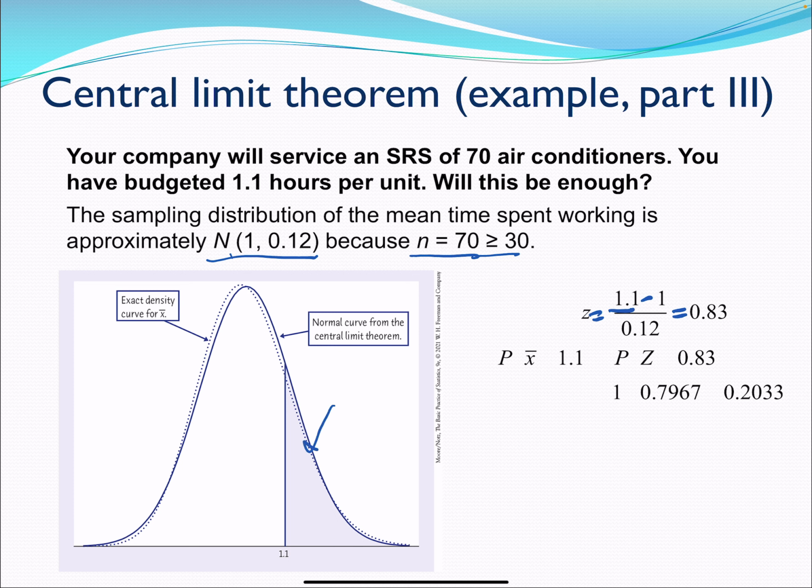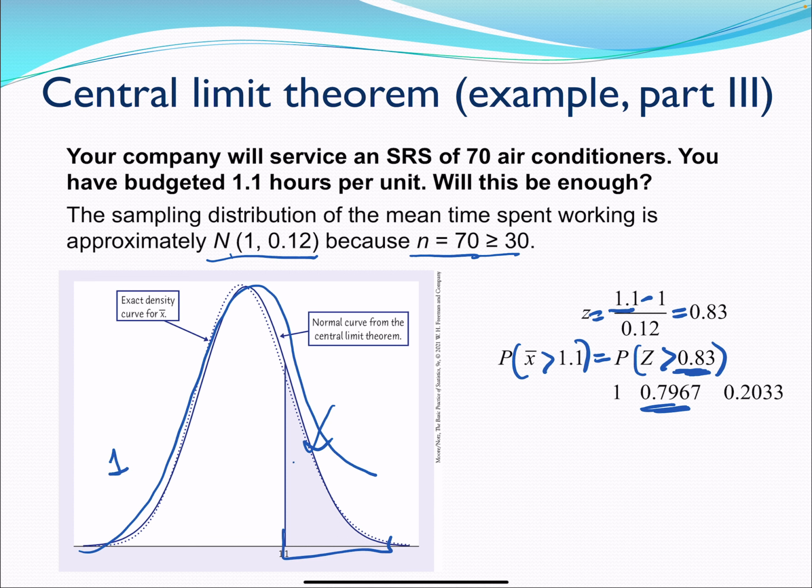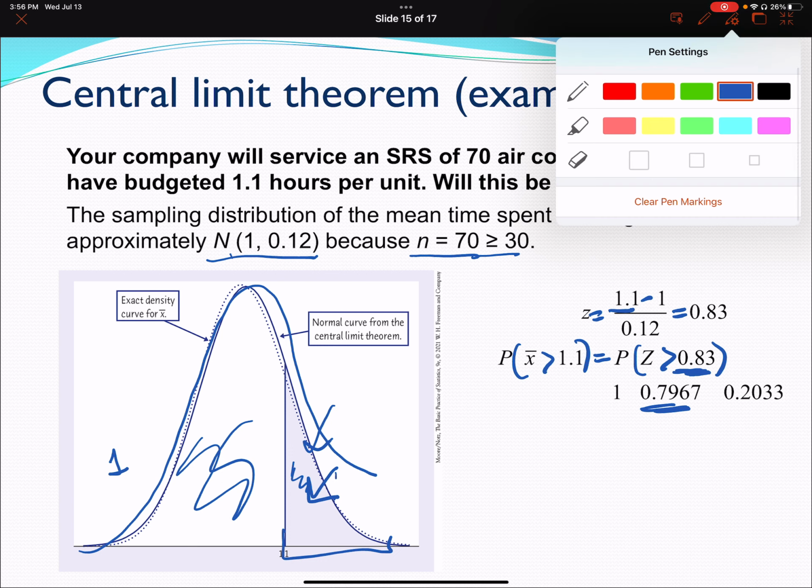So here's 1.1. We've got to find this area. I want the probability that x is greater than 1.1. That's going to be the probability that z is greater than 0.83. So 0.83 has a z-table value of 0.7967. And because the total area under the normal curve is 1, we have to subtract this to find this area over here, which I'm going to highlight in green.